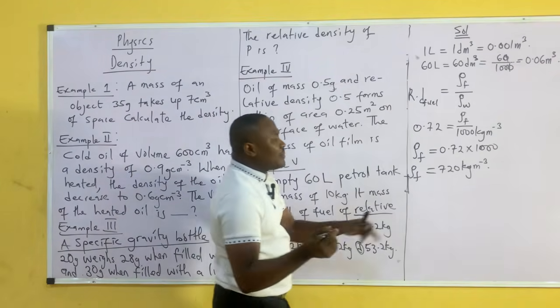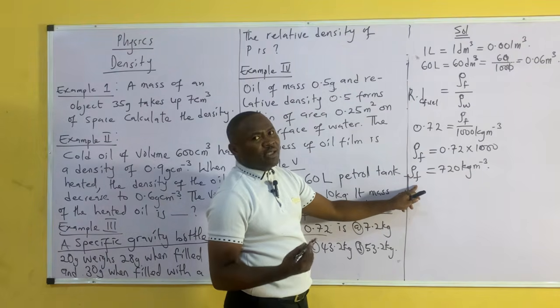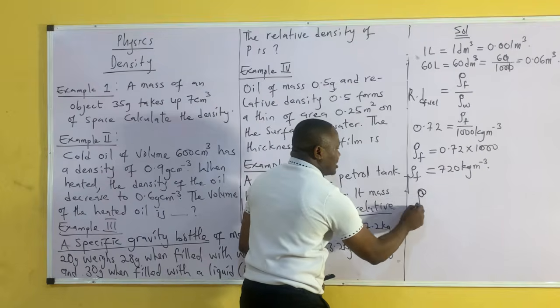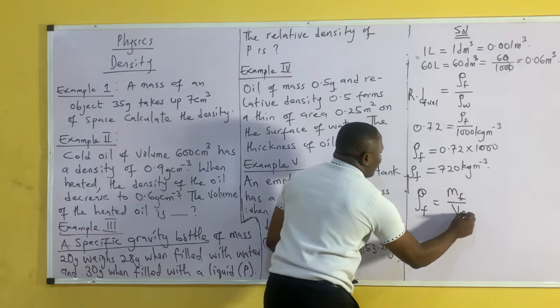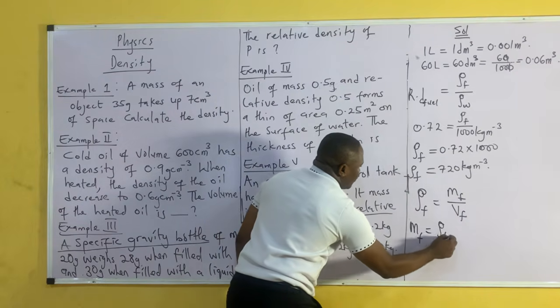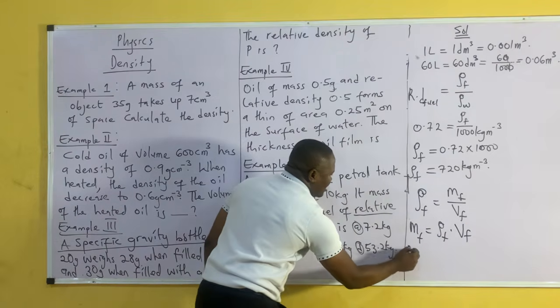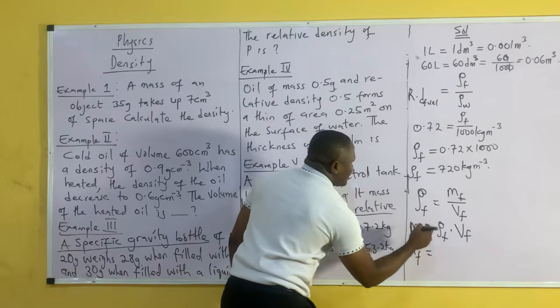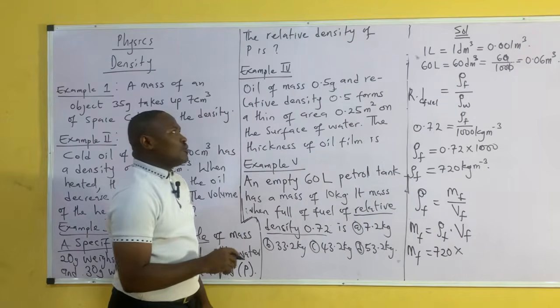So what is now the mass of the fuel? The mass of the fuel can be gotten because I already have the density of the fuel. So density of fuel equals mass of fuel over volume of fuel. So mass of fuel equals density of fuel times the volume of fuel. The mass of fuel equals density of fuel, 720, times the volume of the fuel.